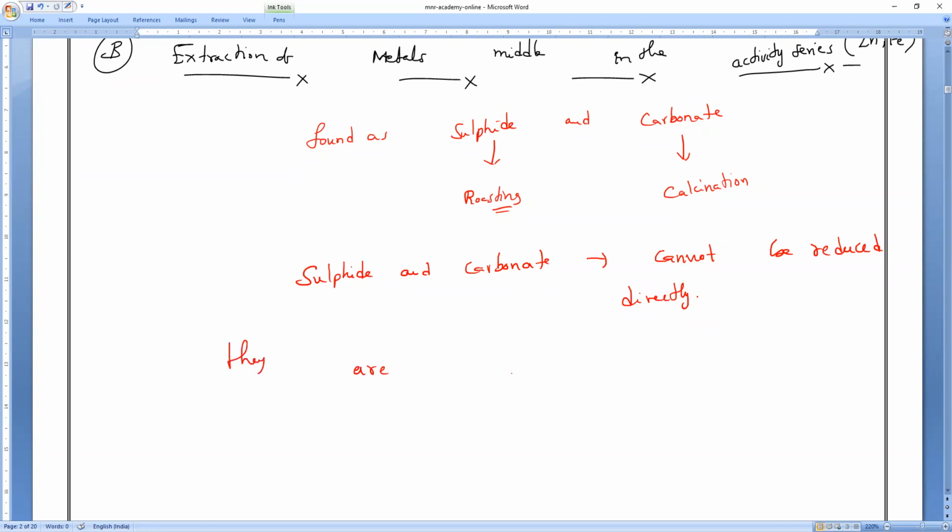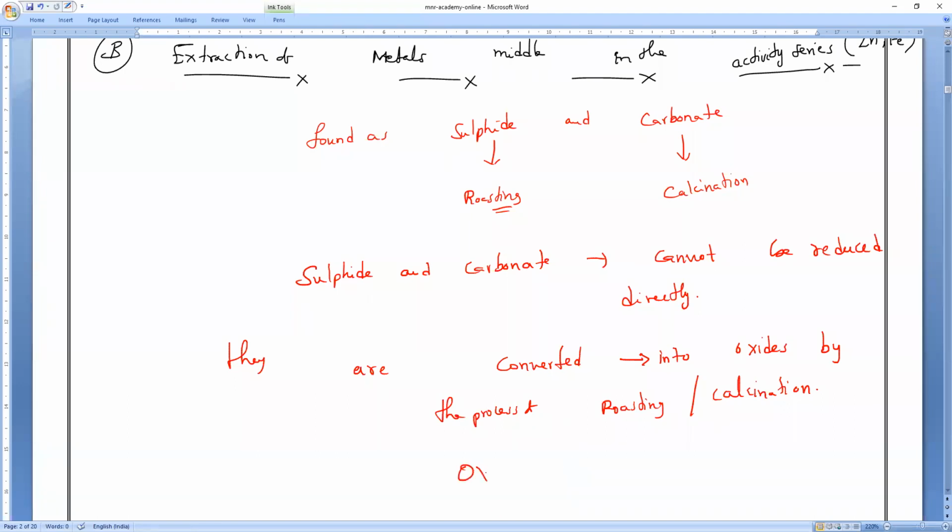By roasting or calcination, they are converted into oxides. So by the process of roasting or calcination, we must convert them into oxides.